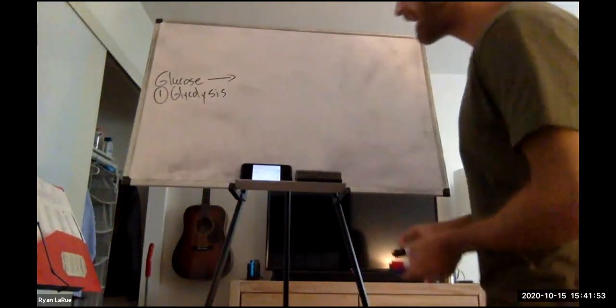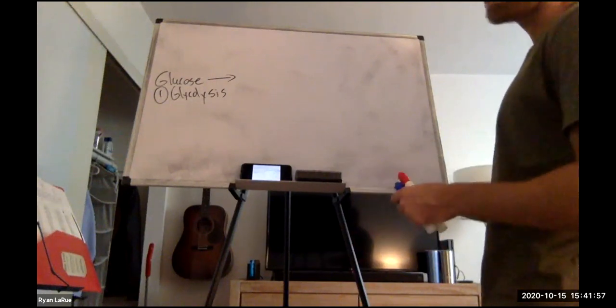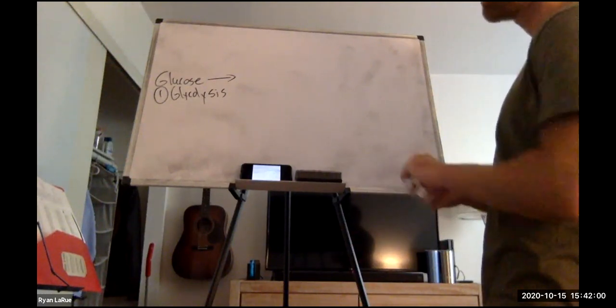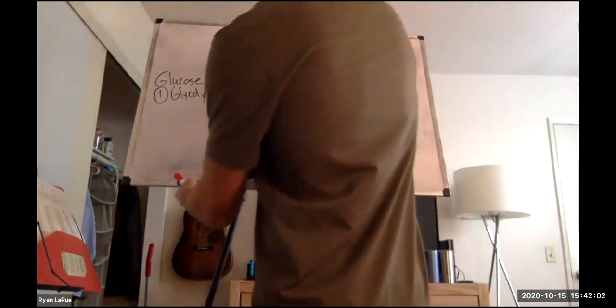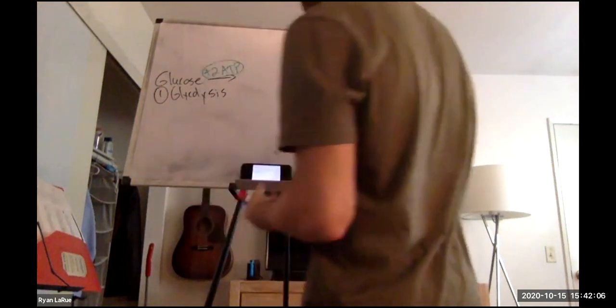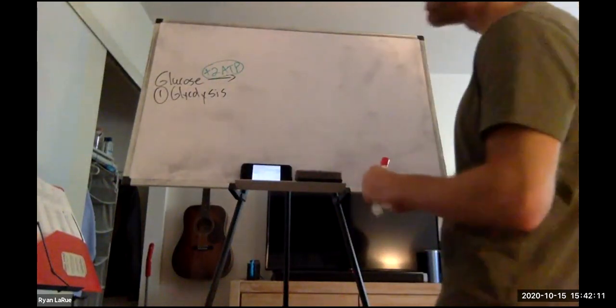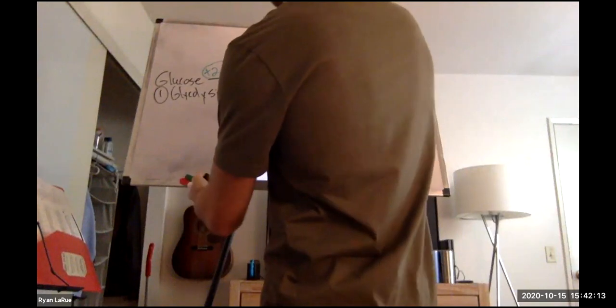And I'm just going to add in here, to remind us, and it'll be relevant soon, that glycolysis gives us 2 ATP molecules. And we convert the glucose to 2 pyruvate molecules.